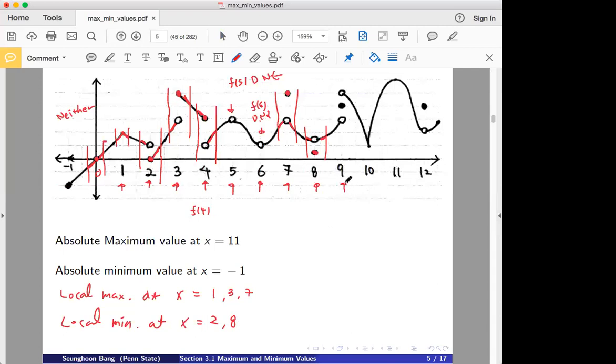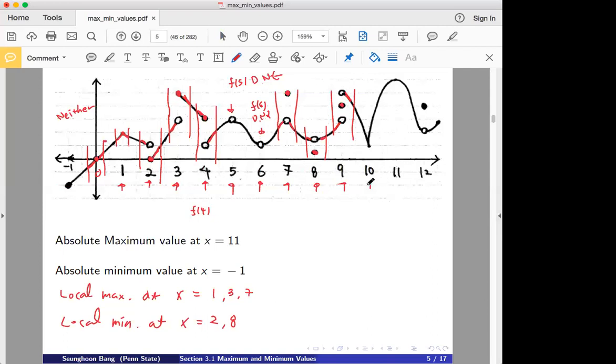How about 9? Neither? Yeah, neither, because cut like this. The function value is this one. Not the lowest point. The lower value is on the left-hand side. Not the highest point. The right-hand side is greater than this point. Neither.